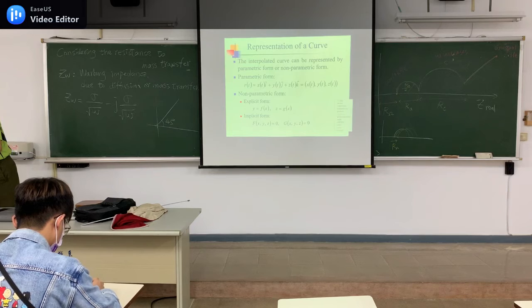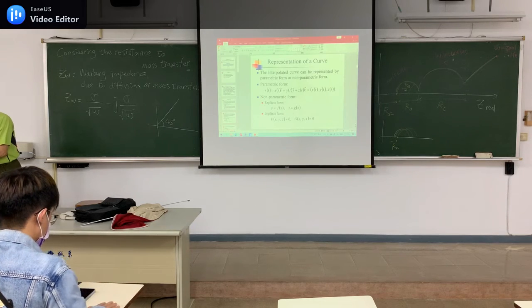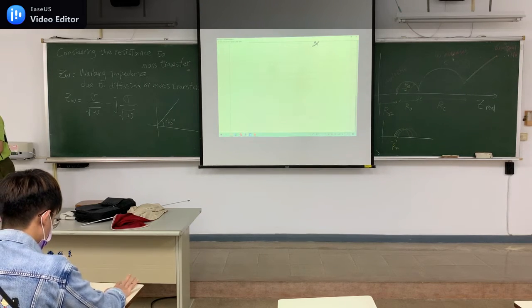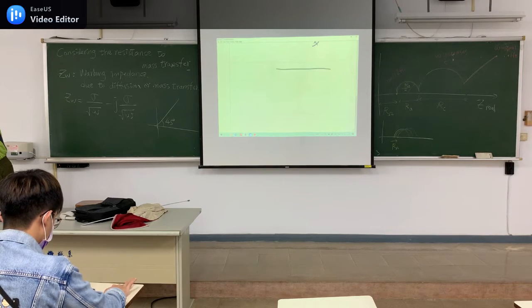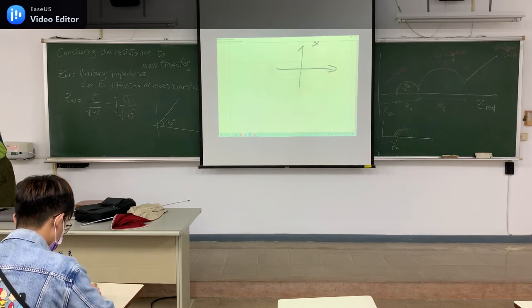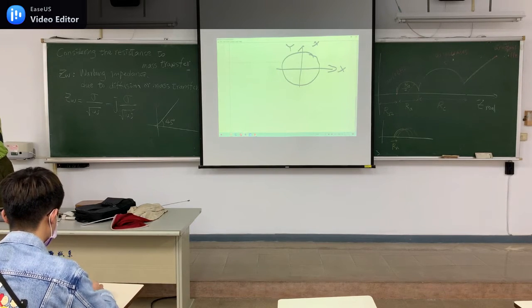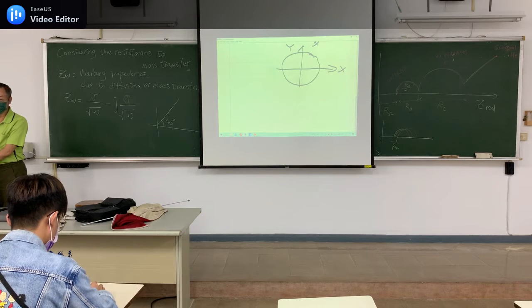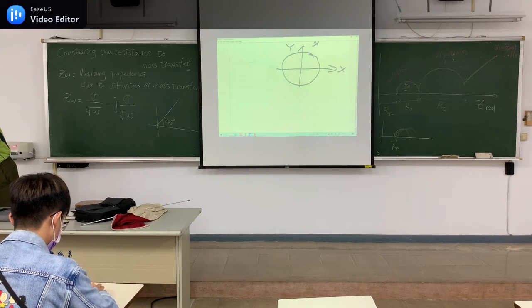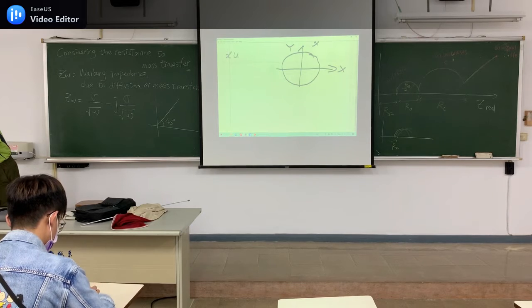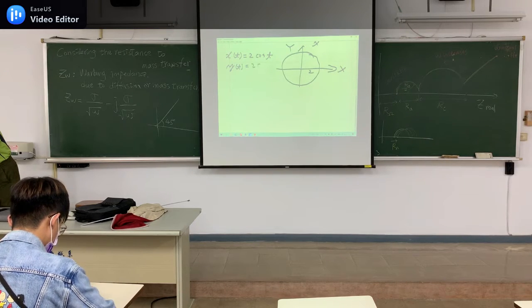For example, a circular path. We use two dimensions as the example. I can use x(t) equal to 2 cosine t and y(t) equal to 2 sine t, supposing the radius is 2.